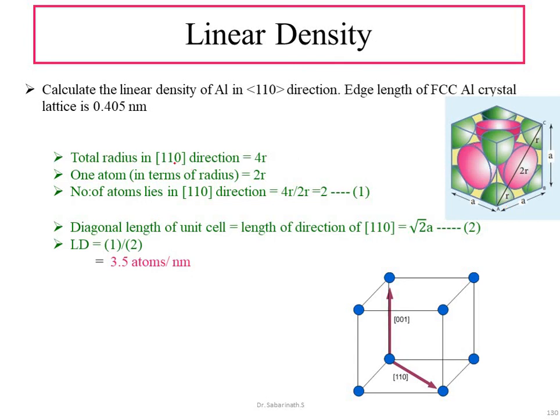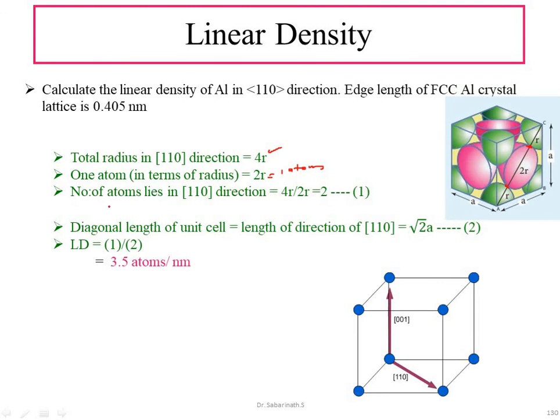So the total radius in the 110 direction, up to here it is r, and from this point to this point it is 2r, so r plus 2r plus r is 4r, and one atom will be 2r, 2 times the radius.